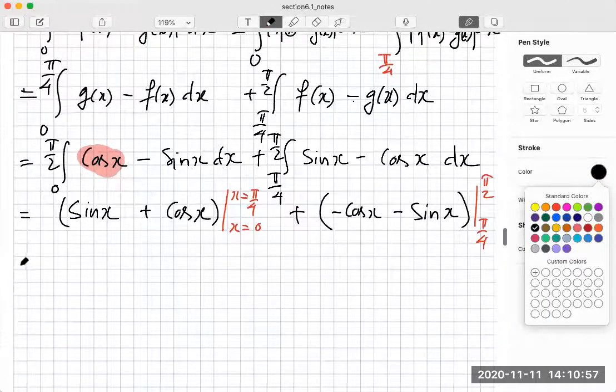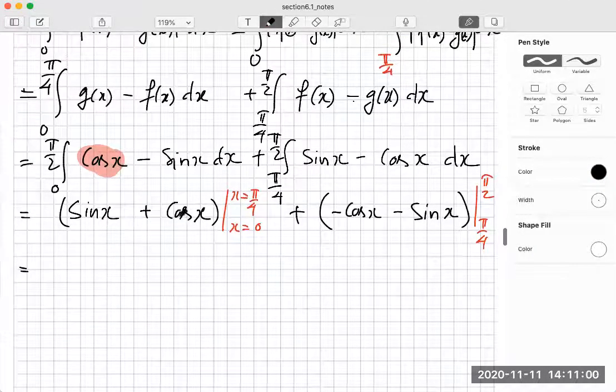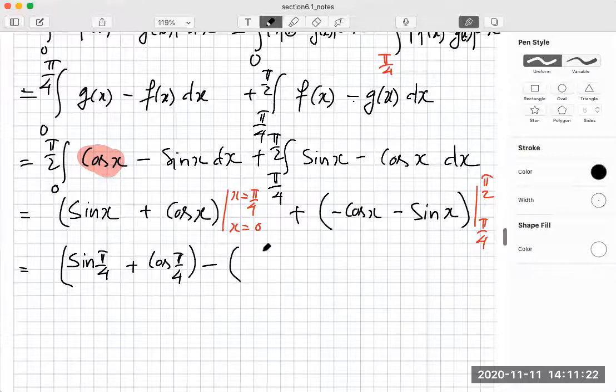So the first part becomes sine of, very good, sine of pi over 4. And here is cosine of pi over 4, very good. Then subtract this function at the lower limit, right? Sine of 0 plus cosine of 0. That is the first term, okay?